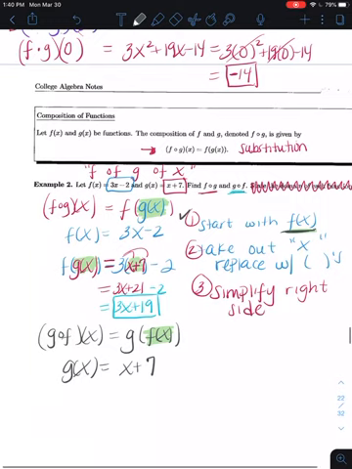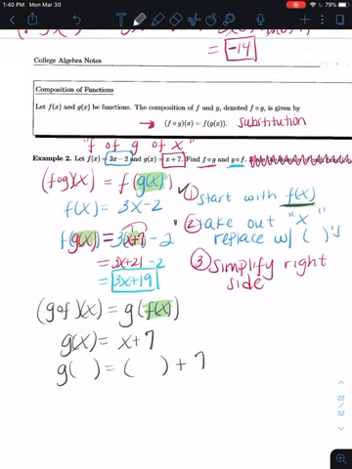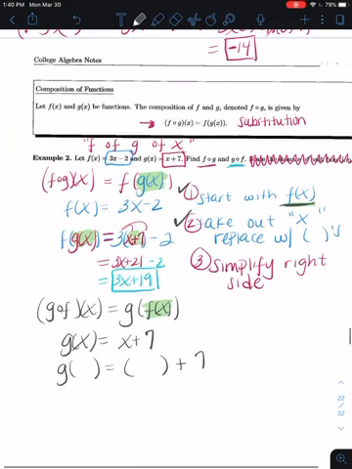Take out the x and replace with parentheses. So now in the next step, wherever I see x, I'm going to just leave a blank parentheses in place of it. So I'm done with step 2. And in step 3, it says, oops, I forgot to do that. So take out the x, replace with parentheses, and then I meant to put in, I'm missing a step here.